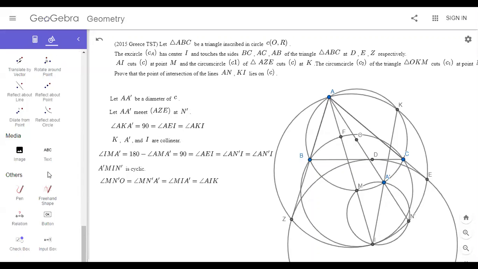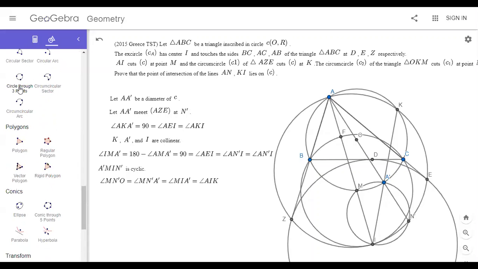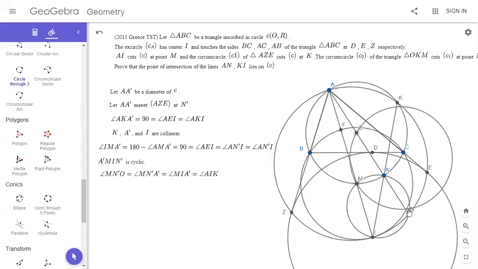So we want to show MN prime KO is cyclic. And so let's see. Angle AIK. Yeah, you want to show that that's equal to OKM, right?